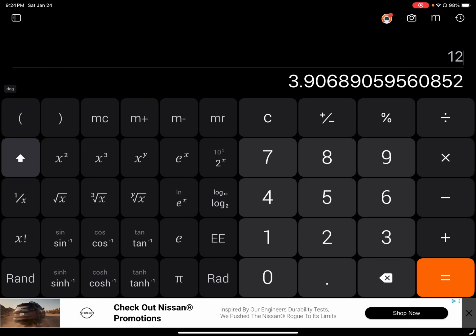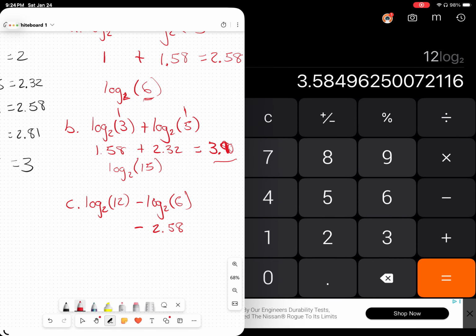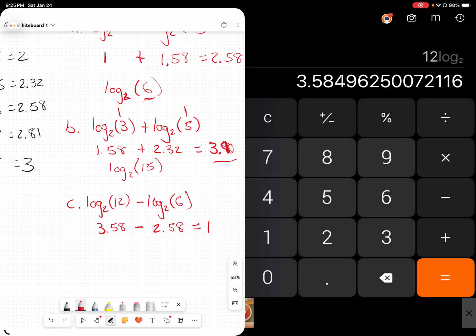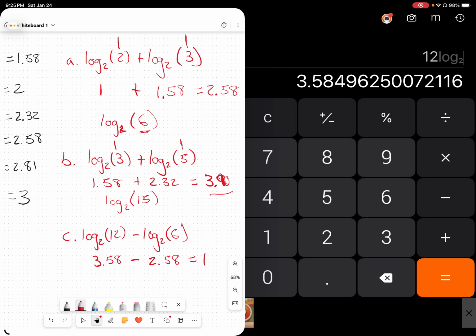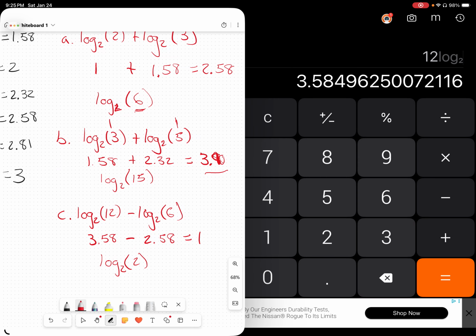Log base 2 of 12 gives us 3.58. So 3.58 minus 2.58, we get 1. Where do we get 1? At log base 2 of 2. So what did they do there? They took 12 and 6 and divided them. 12 divided by 6 is 2.